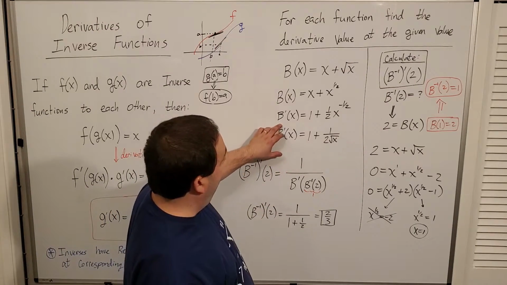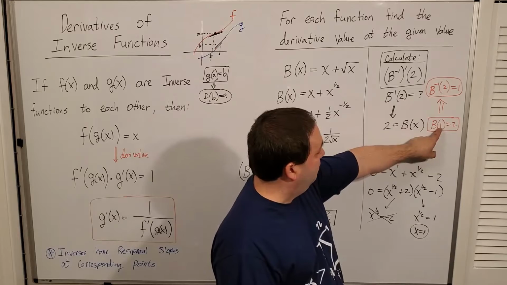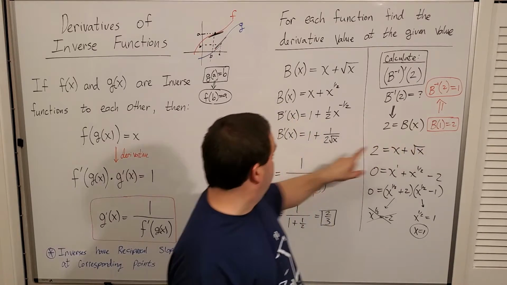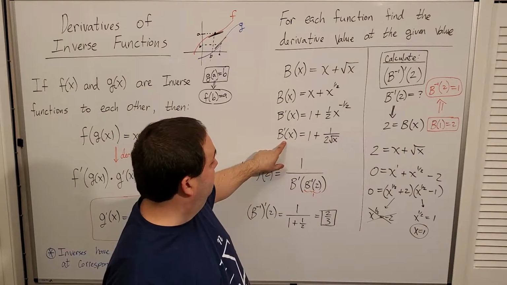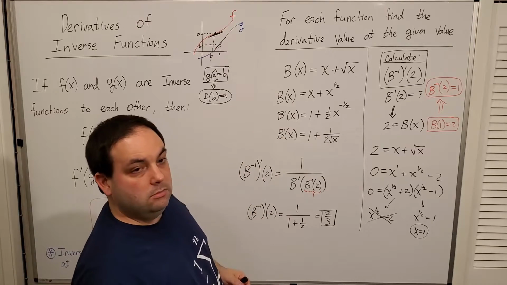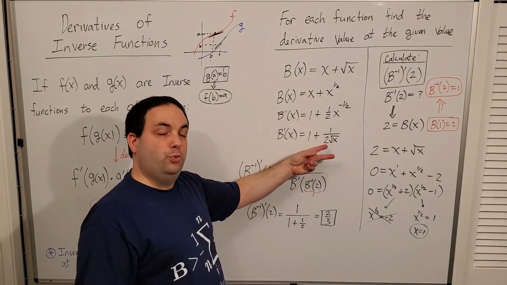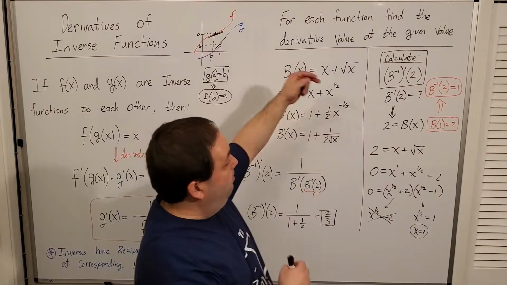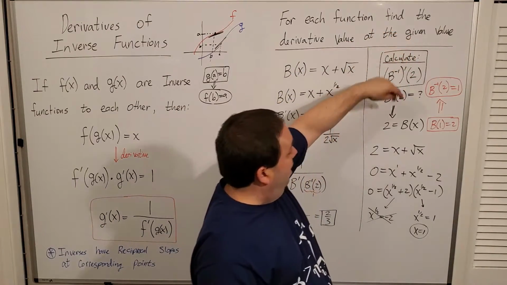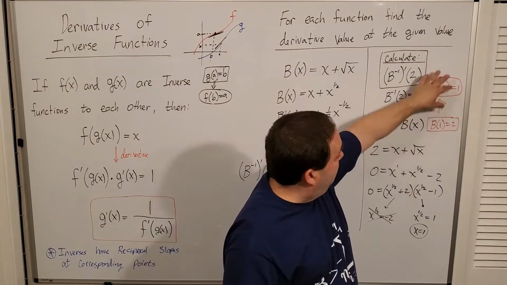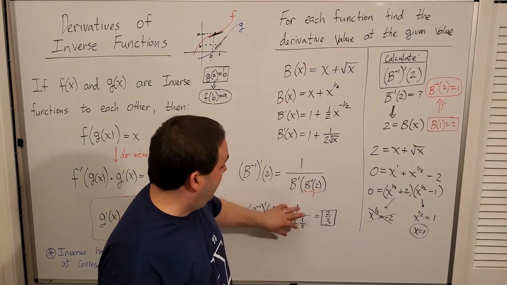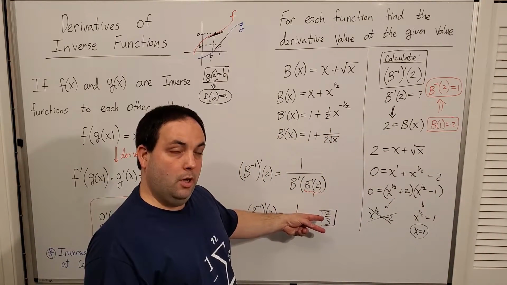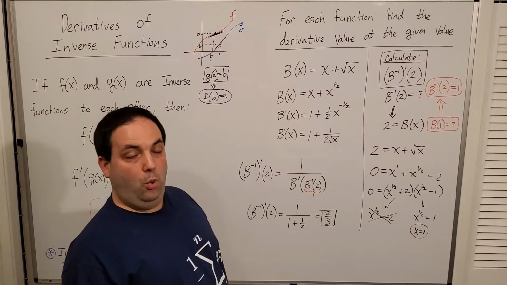So b prime of 1, where I'm evaluating the original function, I will also evaluate its derivative. B prime of 1 was equal to 3 over 2. So b inverse of 2 equaling 1, being the corresponding point, would have to have the reciprocal slope of that particular derivative point.